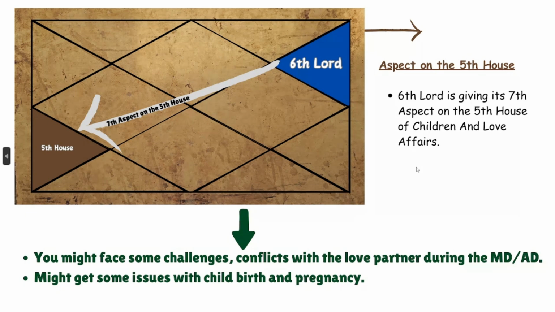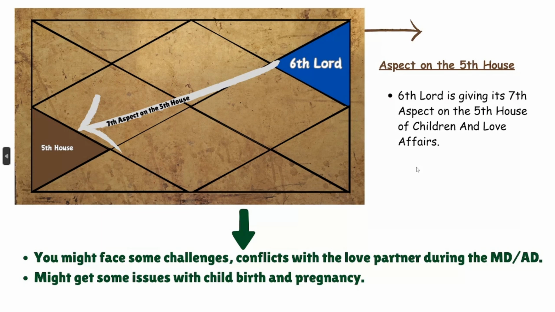Now depending on when your Mahadasha Antadasha is activating the sixth lord 11th house condition, you might face some obstacles with the significations of the fifth house. If this is getting activated in your early years, then it can show some form of obstacle in your college education.